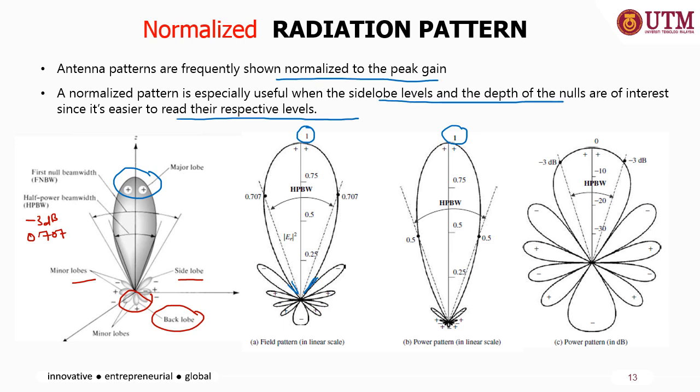These are some representations of the normalized radiation pattern in linear values and also in dB values.